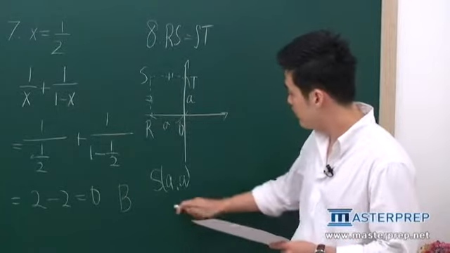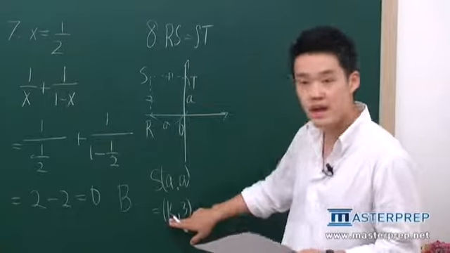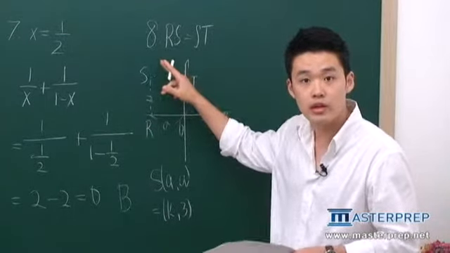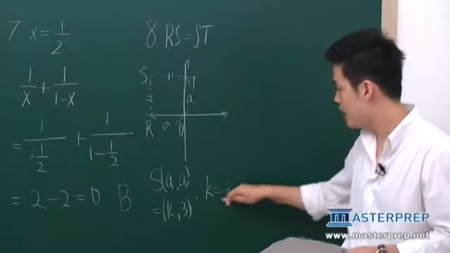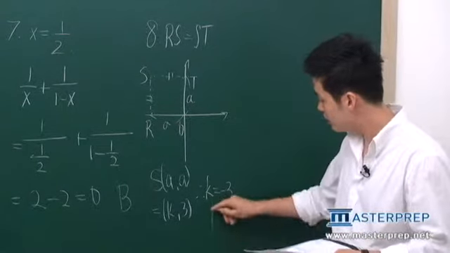We already know that this is equal to K and 3, which means K must be -3. So go left by 3 and go up by 3. So K must be -3. So the answer that has the value of K as -3 is equal to A.